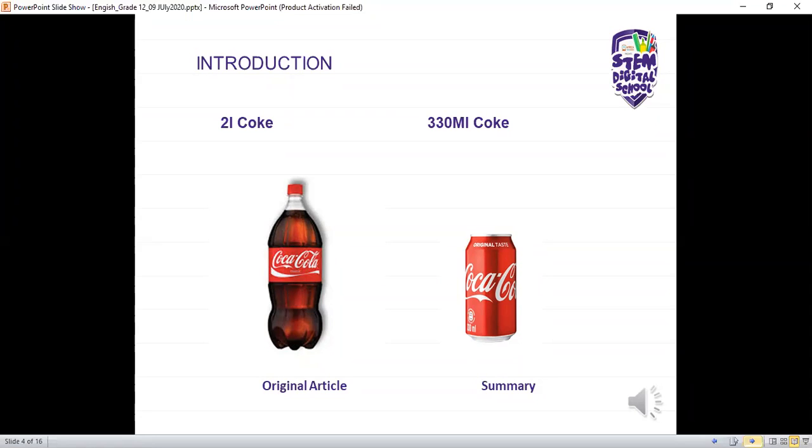Now, a simple thing. Before I explain about the two pictures that you see, a summary is a shortened version of a text.